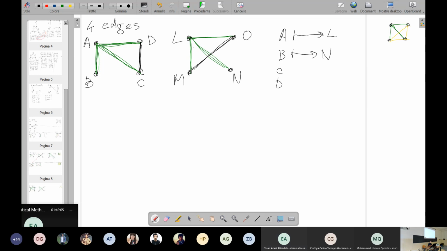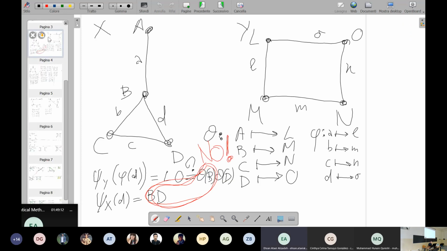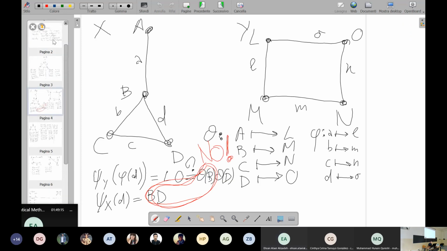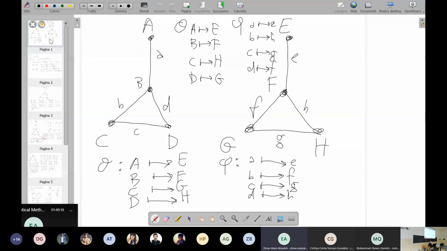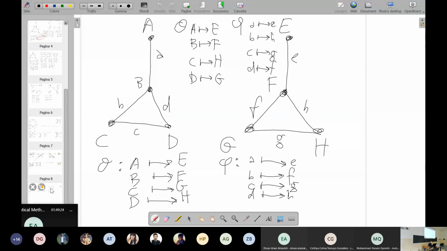And then we have two possibilities because there are two isomorphisms here. And if you look, it's exactly this, up to isomorphism. Okay?